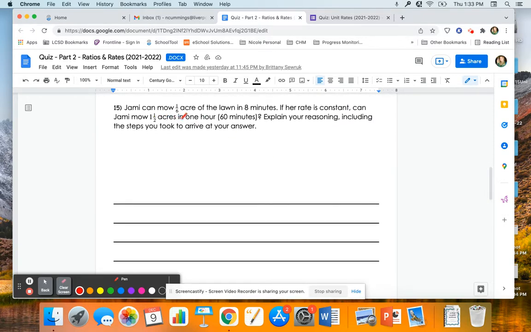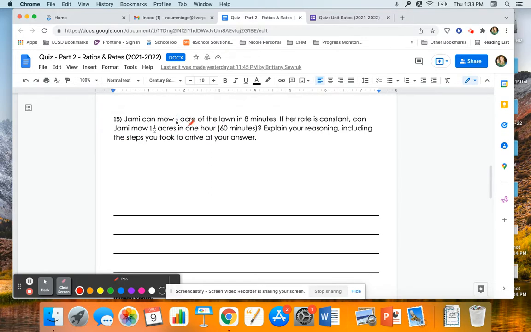Number 15 says Jamie can mow 1/6 acre of lawn in 8 minutes. If her rate is constant, can Jamie mow 1 1/2 acres in 1 hour, 60 minutes? Explain your reasoning. Include the steps you took to arrive at your answer. So again, you are going to want to find out this unit rate, but remember they have hours here and they have minutes.